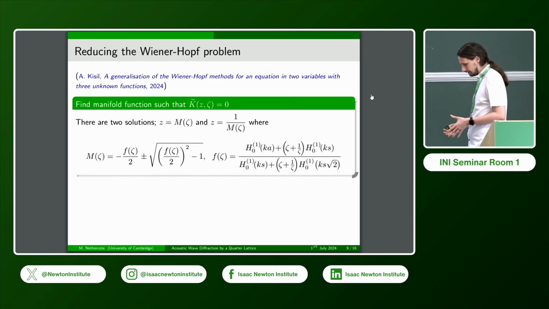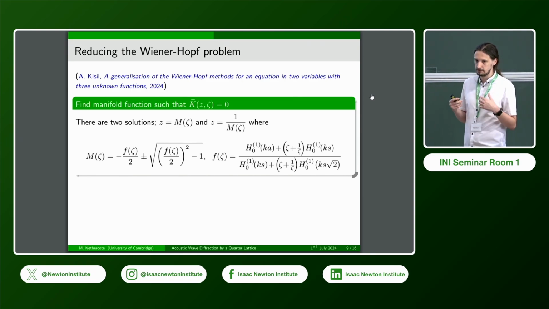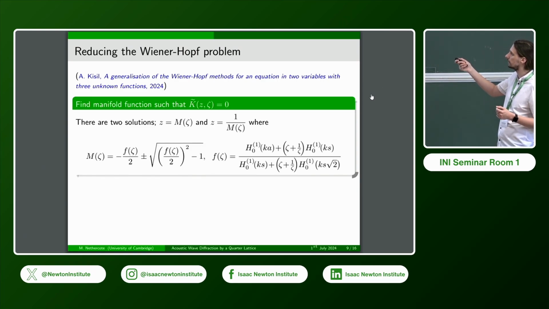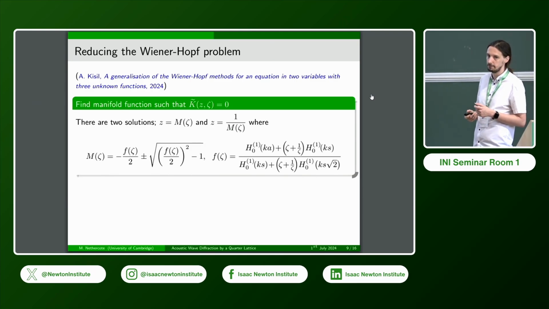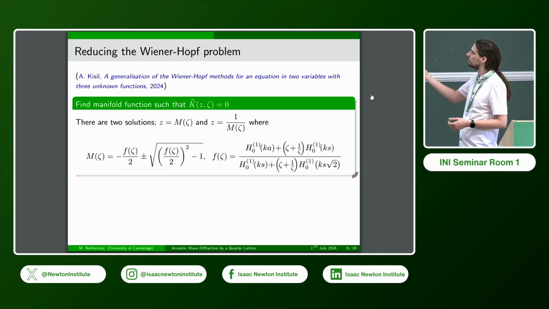The idea of the method is to define a manifold that is the set of z and zeta points such that this truncated kernel is 0. That involves solving a quadratic equation, so we're going to get two solutions. The first one, which I've just called m, and the other one being its reciprocal.